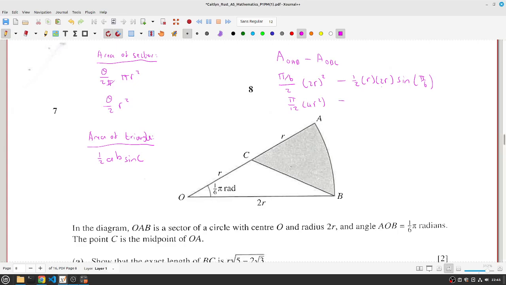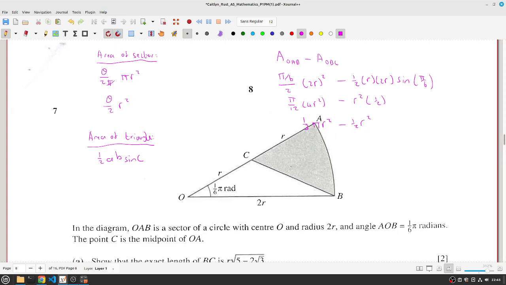Minus, so half times 2 is just 1. r times r is r squared. So r squared times, and then sine of pi over 6 is just a half. So times a half. Okay, let's simplify that a bit more. So the 4 over 12 just becomes 1/3. So 1/3, and then we've got pi r squared minus a half r squared.